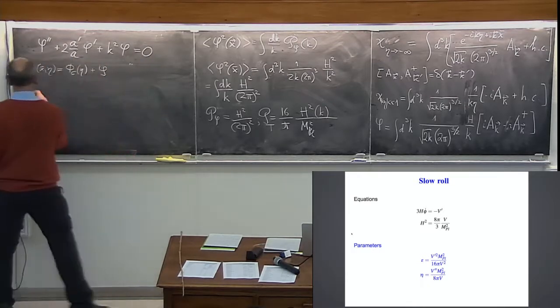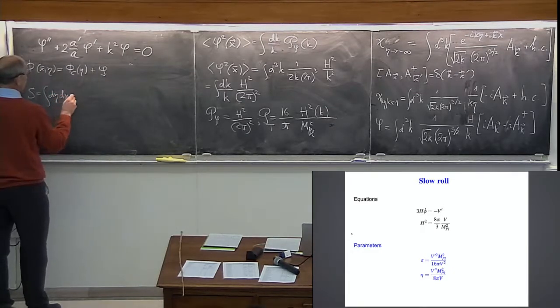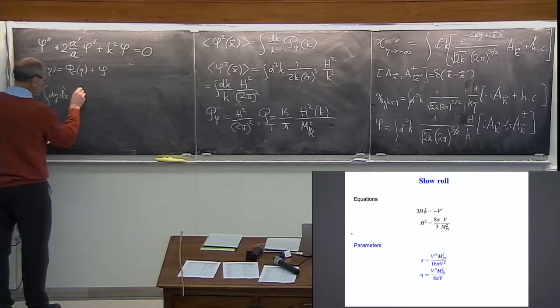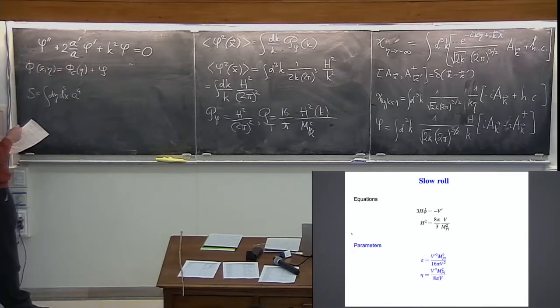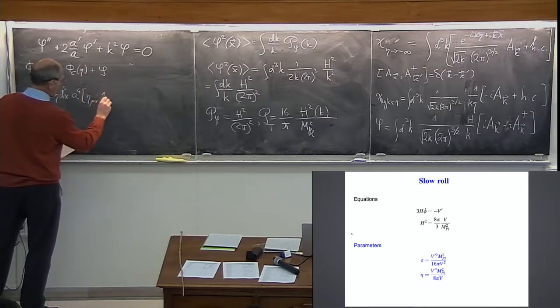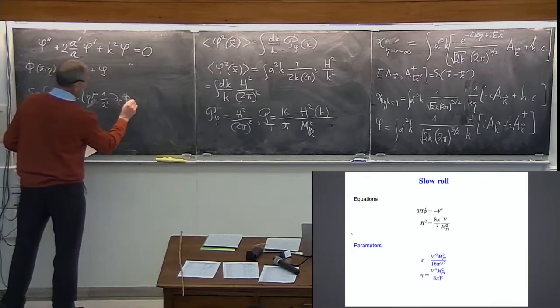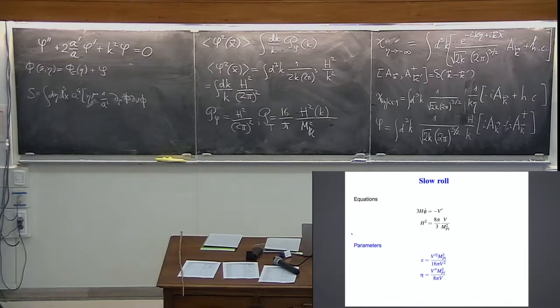My action in terms of eta has a to the fourth as the square root of g, times eta mu nu, 1 over a squared, d mu phi d nu phi, with a squared coming from the inverse metric.